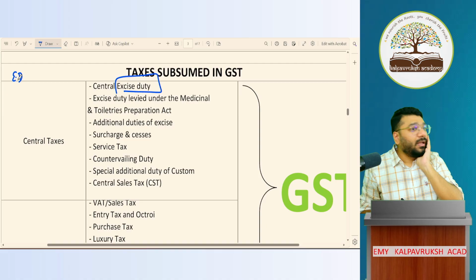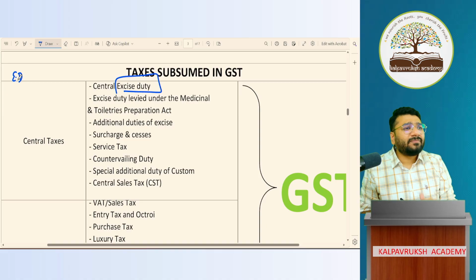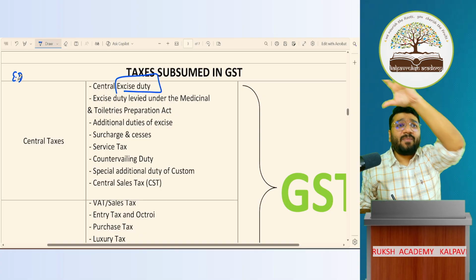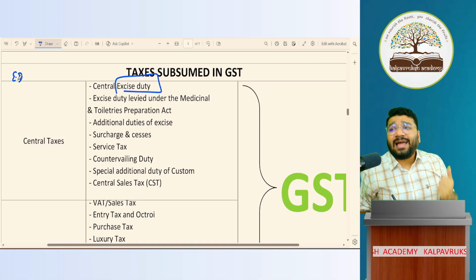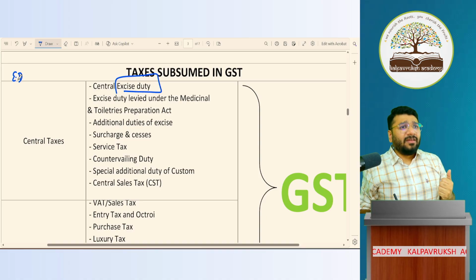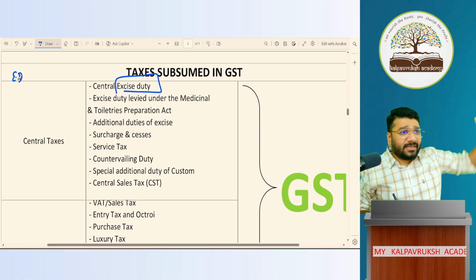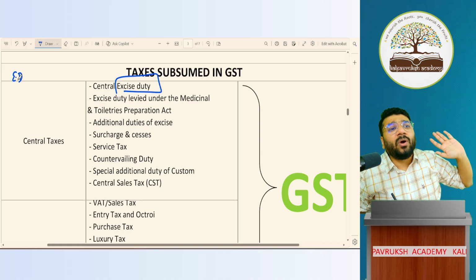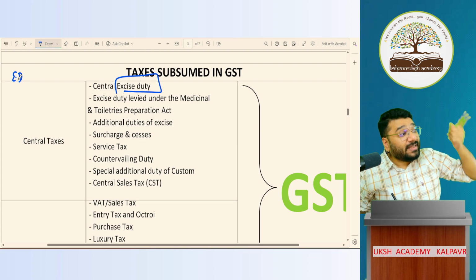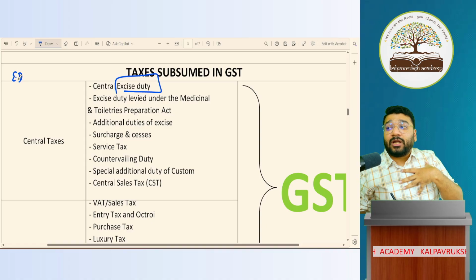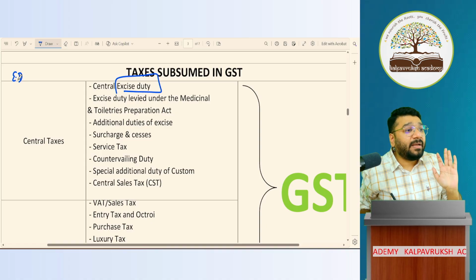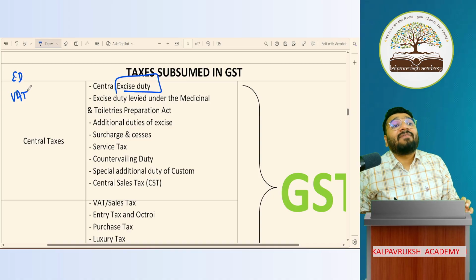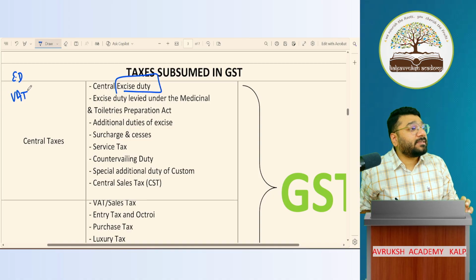After manufacturing the tire, what will I do with it? Sell. Will I sell only in Tamil Nadu? No, I'll sell in Karnataka, Maharashtra, Delhi, all over India, all over the world. I'm a manufacturer in Tamil Nadu. If I sell within the same state, I have to pay VAT, value added tax.